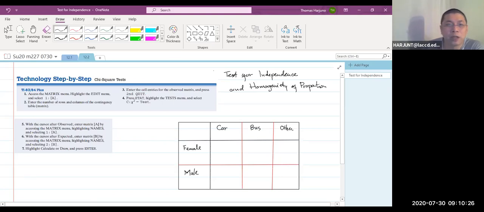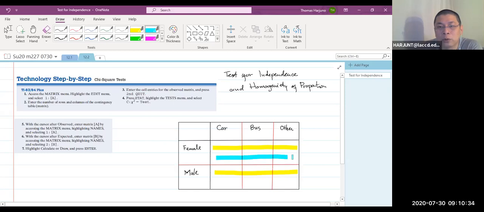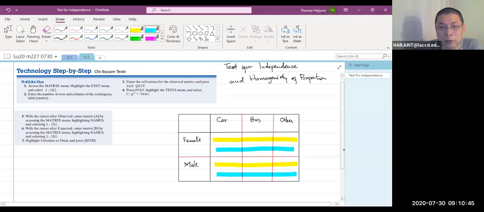Then on the top we will put the observed, and the second one here we will put the expected. And then I will teach you how to use the calculator first.